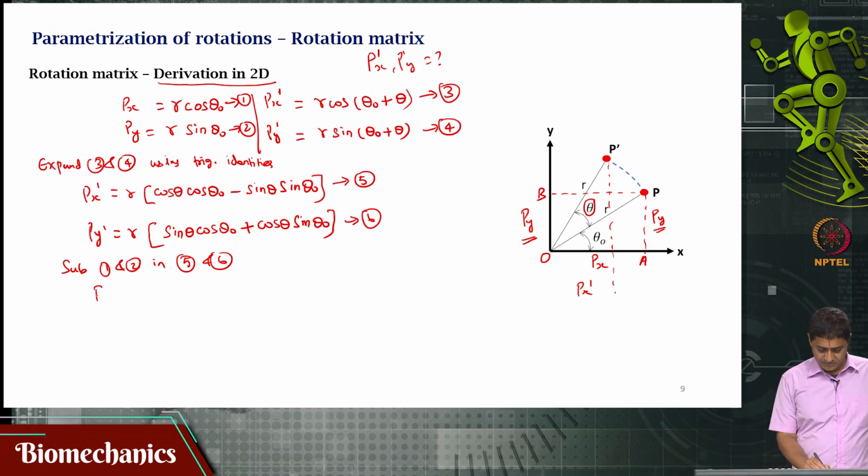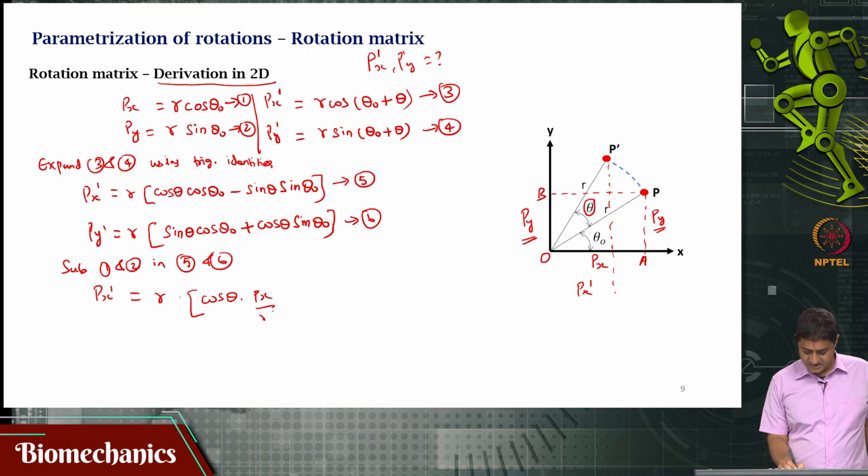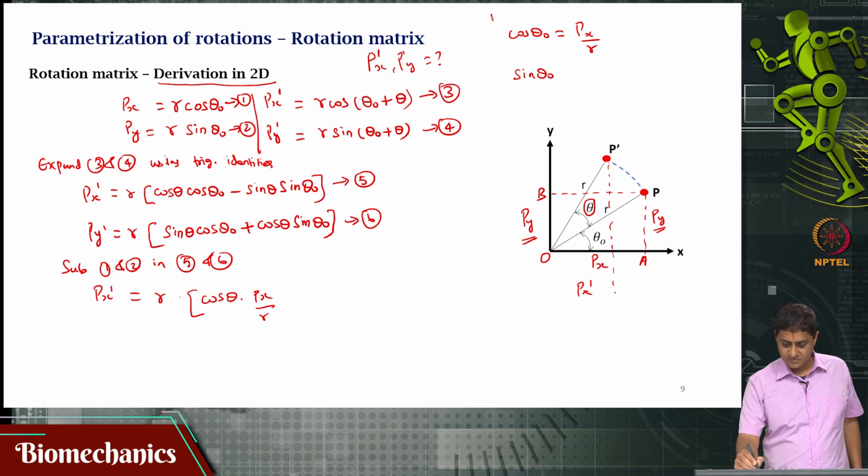So that would give me Px dash as r times cos theta by Px by r, because I am going to replace that by this logic: cos theta naught is Px by r, and sin theta naught, from 1 and 2, this is what I learned, sin theta naught is Py by r.